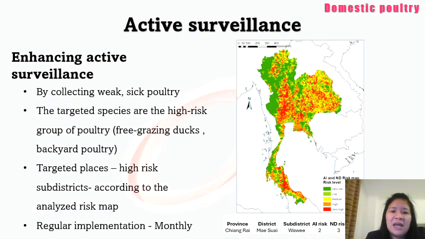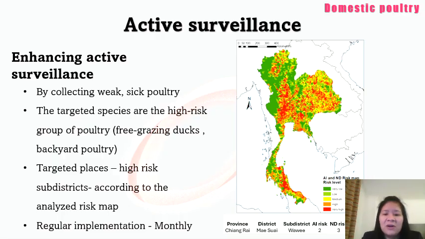As has been mentioned, active surveillance is to enhance detection of any cases of HPAI or any suspected case. To support this, we have a risk map that we provided for the provinces. Each province will have to go out and collect samples based on the risk provided by the headquarters.